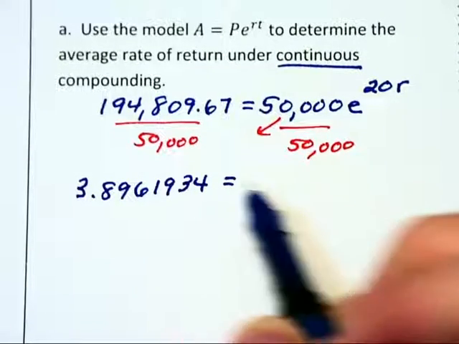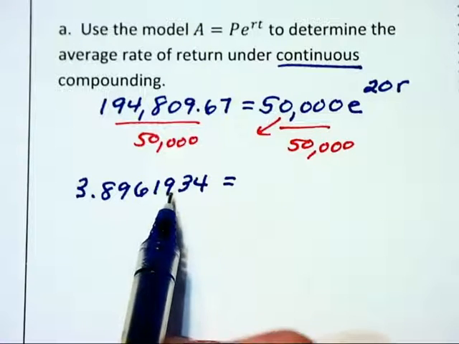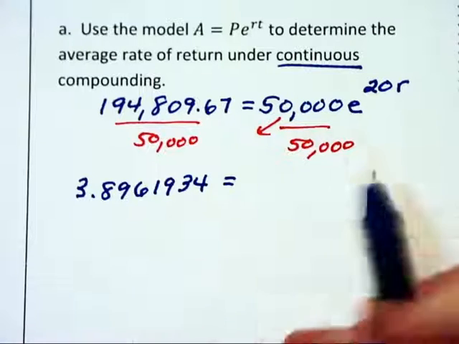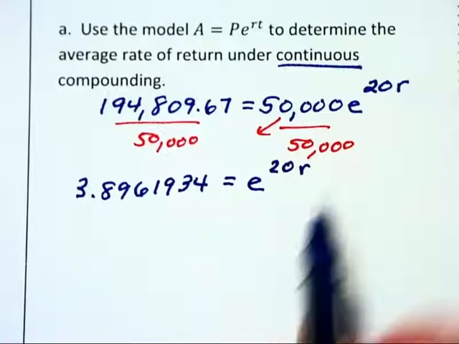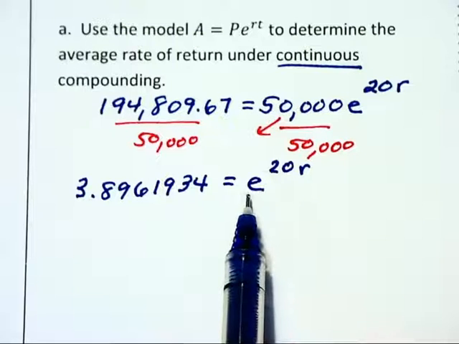Now it's important that we either keep that number in our calculator's memory or that we write out quite a few digits to be able to get the accuracy. This will equal e to the 20r. Now since our r is trapped up in the exponent position, we want to log both sides, and since there's an e right here, taking the natural log of each side is the most convenient way to do this.